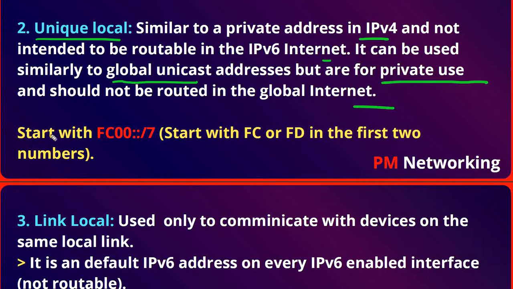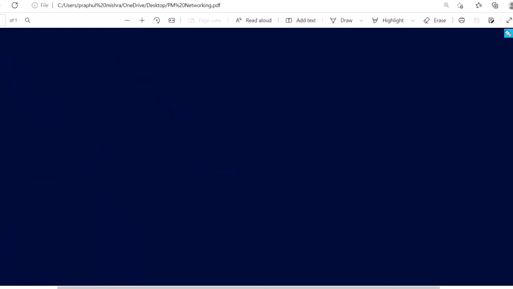And you can say the range starts from FC00::/7. So here in unique local, 7 bits are reserved by IANA. How many bits are reserved? 7 bits. So let me take one more example. FC00::/7. So here 7 bits are reserved, means if I talk about the first field, in the first field there will be 16 bits.